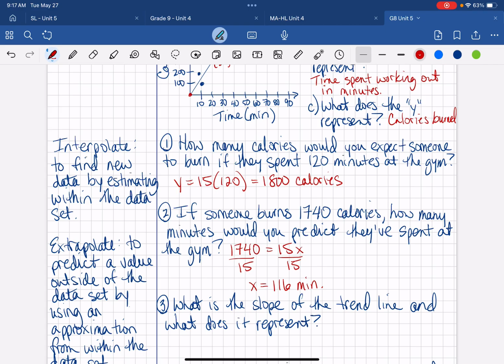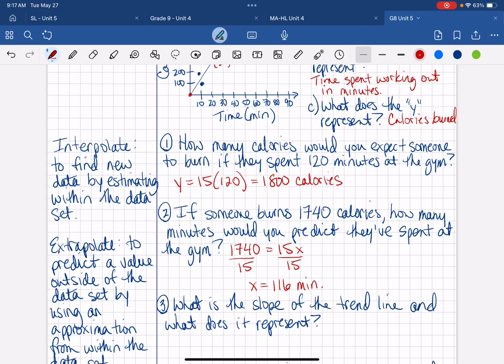And also, sometimes this is just unrealistic. I think 2 hours or 116 minutes, I think either of these are realistic. I think burning 1,800 calories is realistic. There, again, are extenuating circumstances. I think burning 1,740 calories is also realistic. But sometimes you get information that is not realistic.